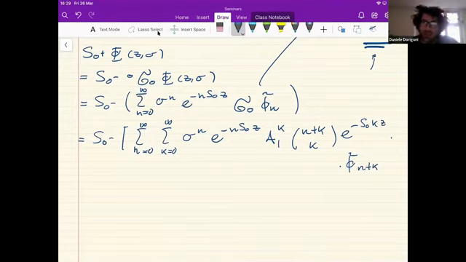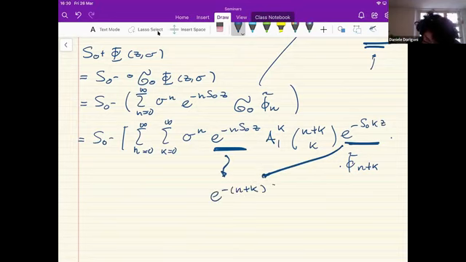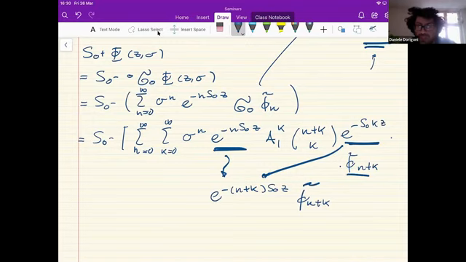So you see now that we want to label stuff according to their exponential suppression weight. And this guy combines with this guy and gives me e to the minus n plus k S0 z. And together with this one, it couples up pretty nicely. It gives me exactly the correct n plus k exponential suppression term with its associated perturbative expansion.